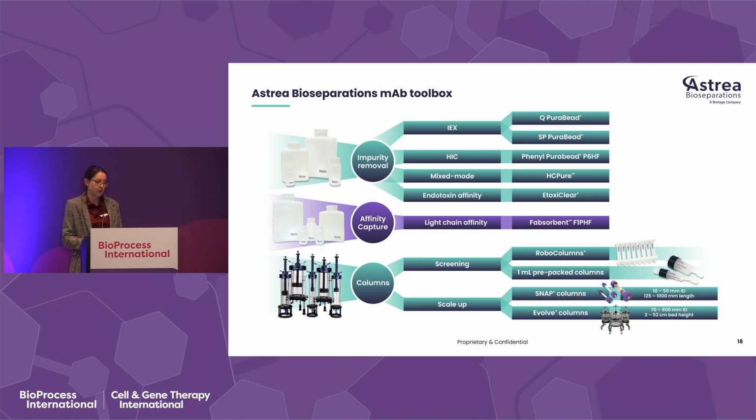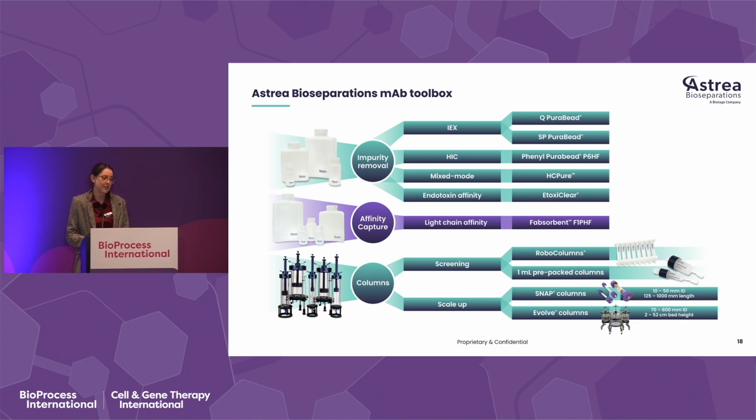Okay. So the last slide I've got here is an overview of all of the products in our mAb purification toolbox. I'll briefly explain most of these. We've got the Q and the S Pura beads, strong cation and anion exchangers. We also have weak anion exchangers, but typically the strong anion exchangers will work. We have the Phenyl Pure bead as our HIC, the main one that we use for mAb purification, but we also have 3 other HIC products, and we provide a selection box of the 4 different HIC adsorbents if you want to screen those.